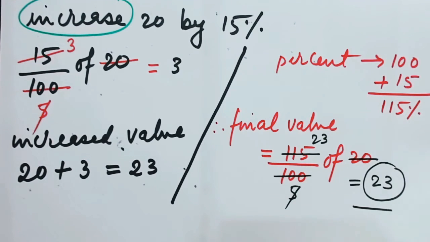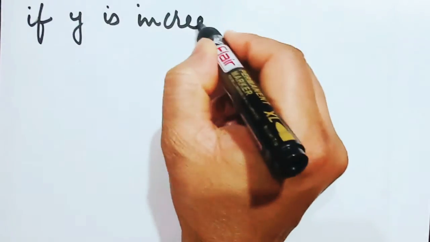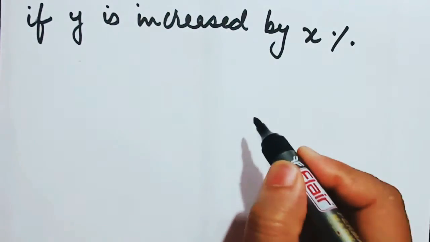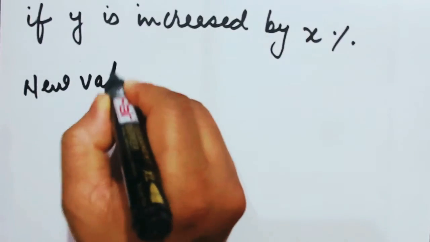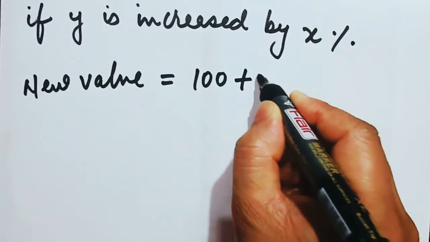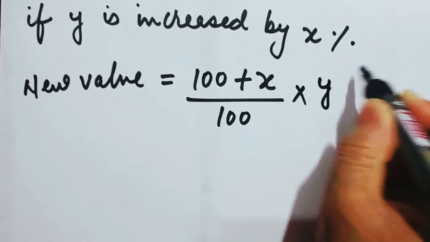This means that if a value y is increased by x percent, then in that case the new value will be equal to (100 plus the increased percent) by 100, into y.